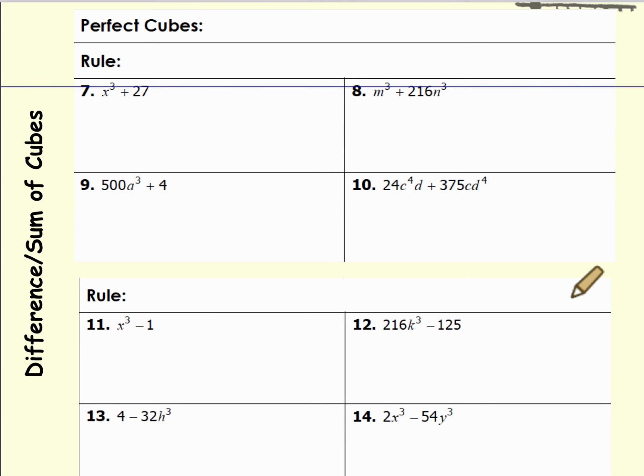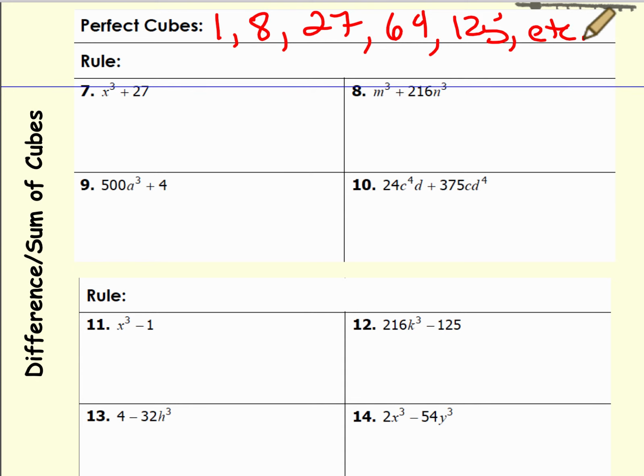So here's another rule. This one works with perfect cubes. And remember, perfect cubes are numbers like 1 cubed, 2 cubed, 3 cubed, 4 cubed, 5 cubed, etc. The rule goes, and this one is for the sum: if you have two perfect cubes being added together, it always factors like this.